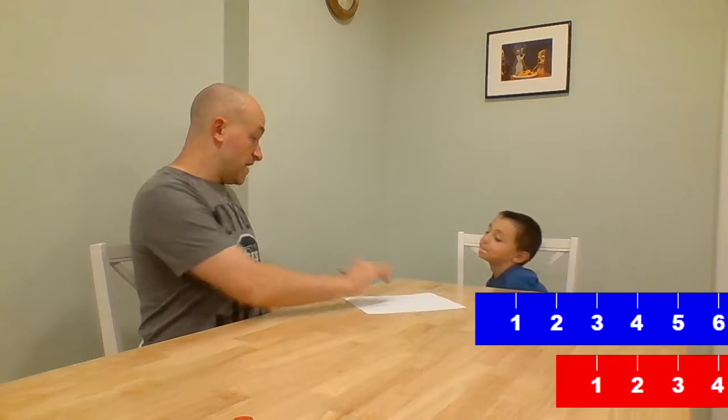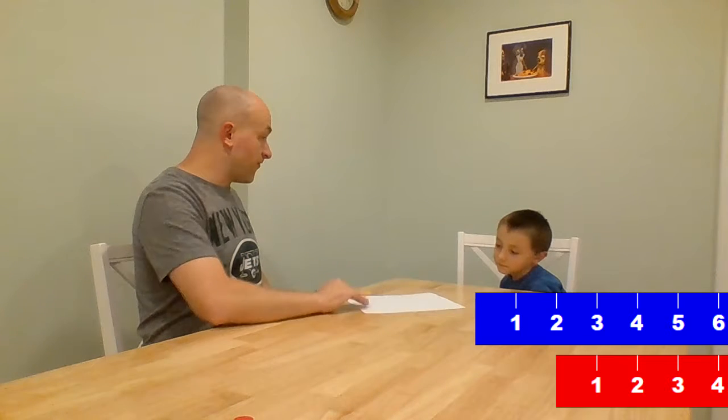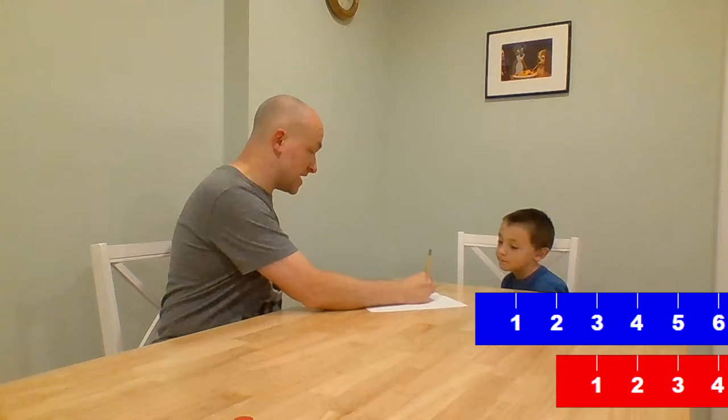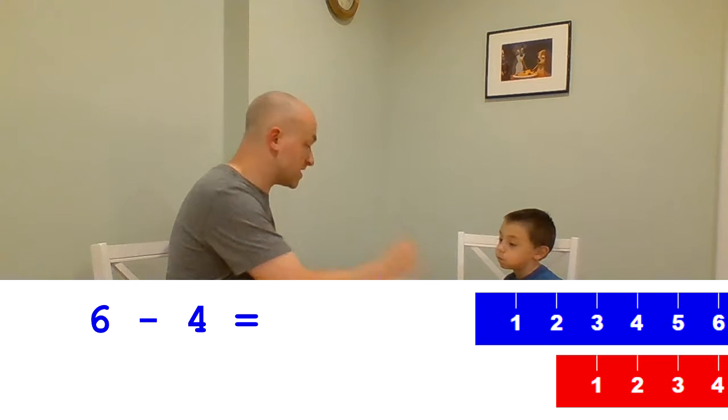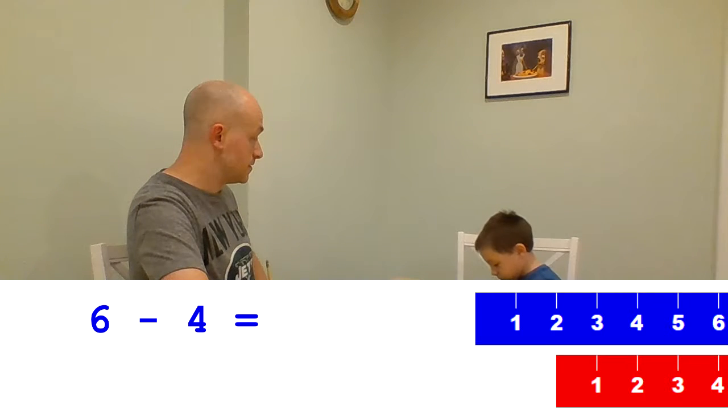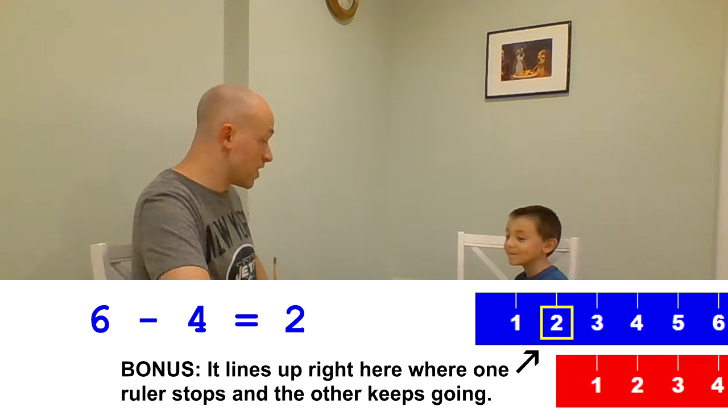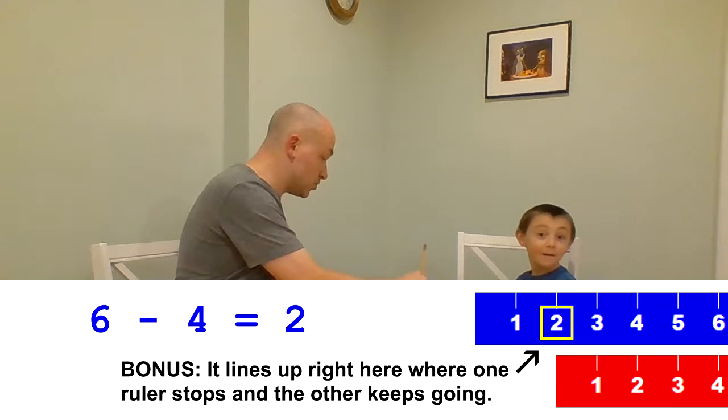So if you have one object that measures 6 units long and one that measures 4 units long, which one is longer? 6. The 6 is longer. The question is then, how much longer? So if we calculate 6 minus 4, that will tell us how much longer it is. So 6 minus 4 would give you what? 2. 2, right. So it's 2 units longer.